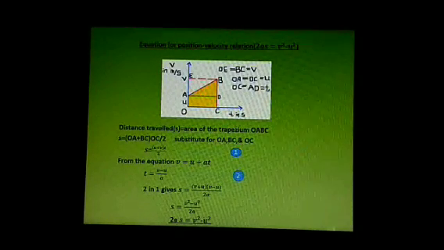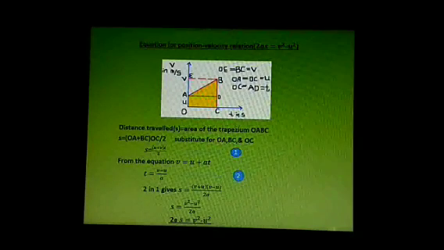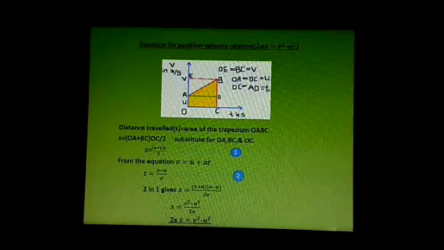So S is equal to area of the trapezium, which can be found by using this equation, that is OA plus BC into OC the whole divided by 2. Then substitute for OA, BC and OC. We will get the equation S is equal to U plus V into T divided by 2, which is equation number 1.